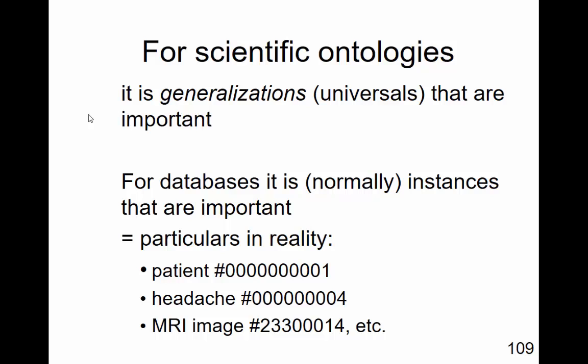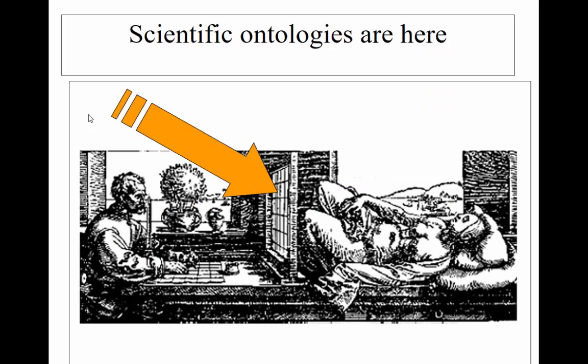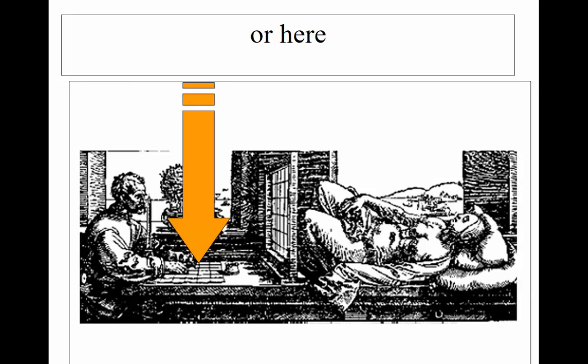So scientific ontologies are dealing with types or universals or classes. We've had that. Scientific ontologies are ways of seeing reality through partitions where the cells in the partition are types. And when you write the ontology down on a piece of paper, then the ontology could be here or it could be here. But the important thing is that the ontology is transparent. You see the types through the ontology.